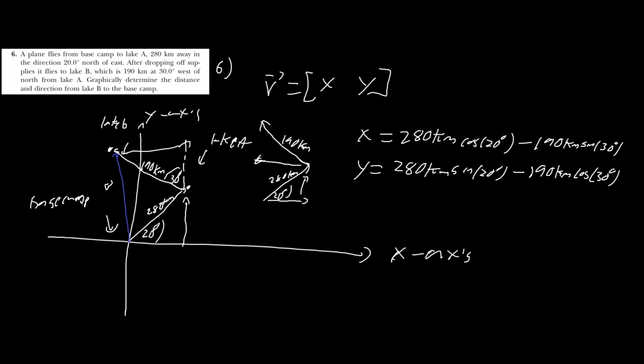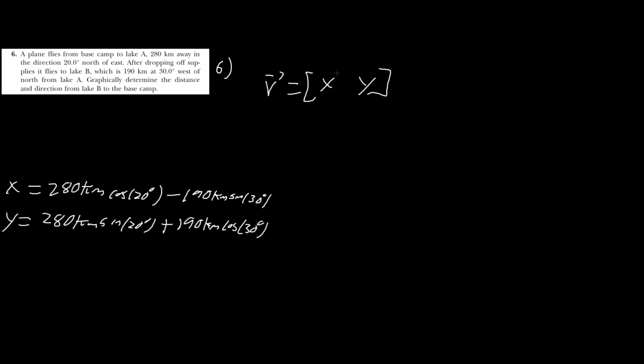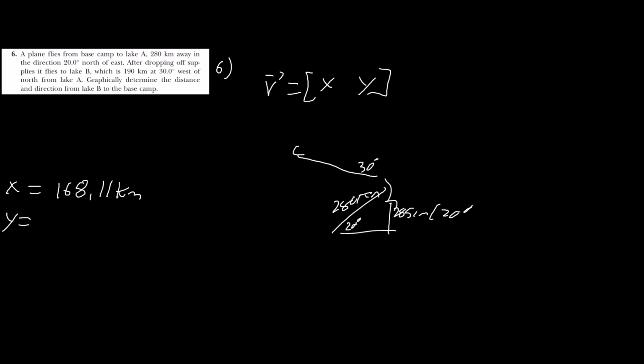Once you get those components, let's put them in the calculator. I like to put it all in one go. Apparently I drew the graph wrong, but that's okay. So x here, once you solve for it, is going to be 168.11 kilometers. And for y, once you solve for that, it's going to be 260.31 kilometers.